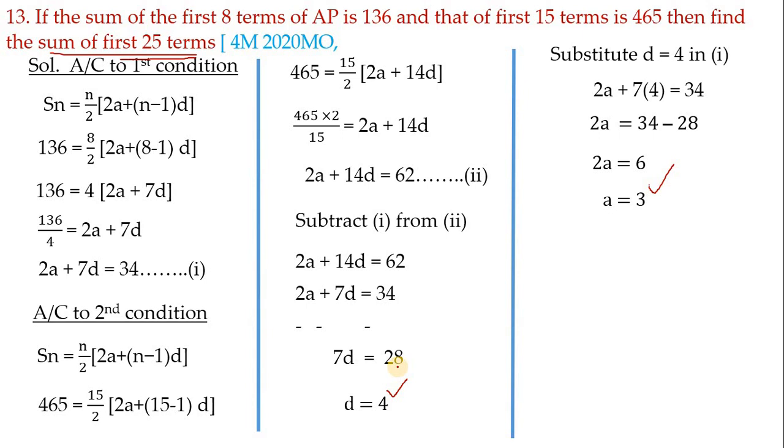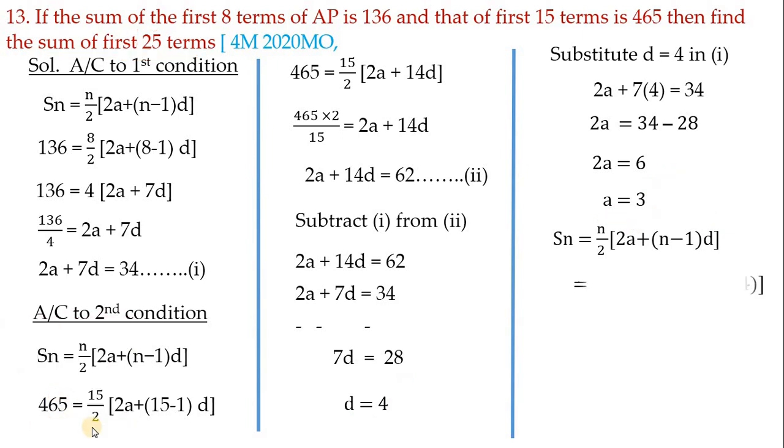So first let me write the sum finding formula, and in the place of a write 3, in the place of n write 25, because we wanted to find the sum of 25 terms, and in the place of d write 4.